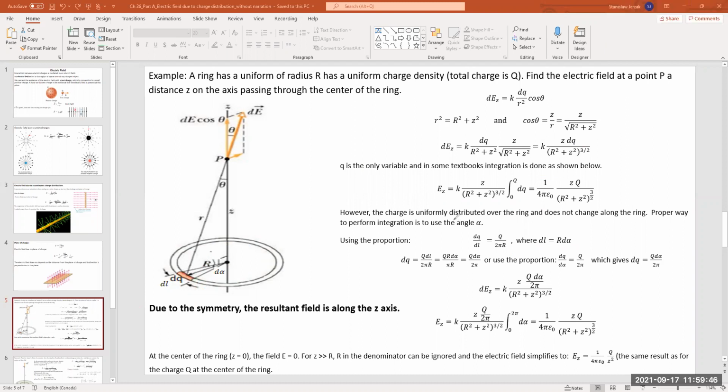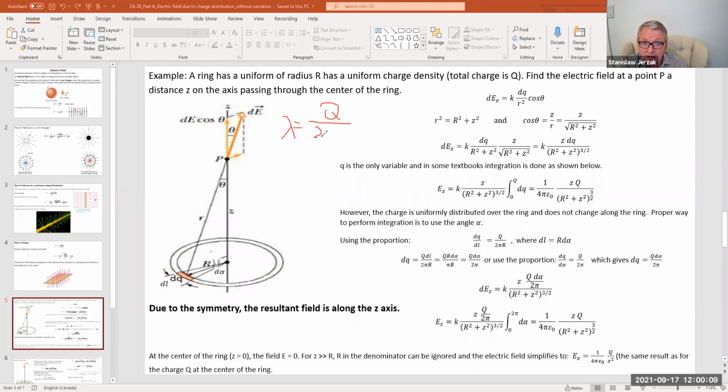Sir, I have a question. Yes, please. How did you get the 2 pi R? 2 pi R is the circumference of the circle, right? Remember that lambda is the density, the total charge on the ring divided by the total length of the ring. What is the circumference of a circle of radius capital R?